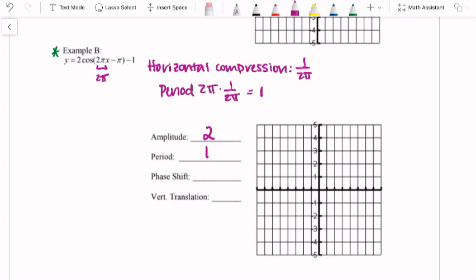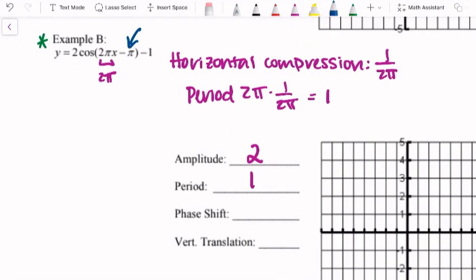Our phase shift now is going to be how much we go right or left. Okay, so to find our right or our left movement, I know that I'm going to look at this value here, but remember, there's that condition. We do need to make sure that the number in front of x, or our coefficient on x, is 1. So we do need to factor this. So I'm going to have 2 cosine. Okay, well, I see that both of these have a pi, but I also need to pull out that 2 pi, okay?